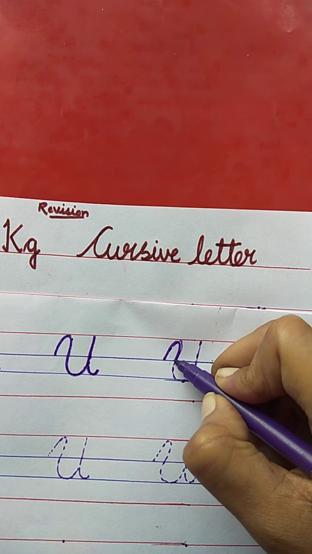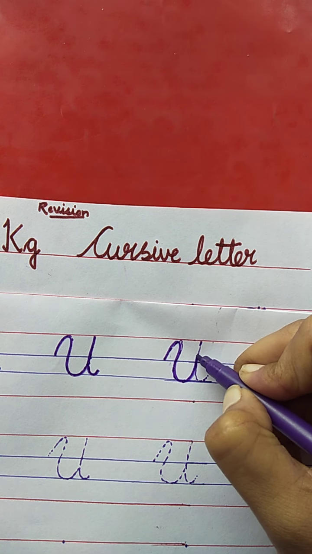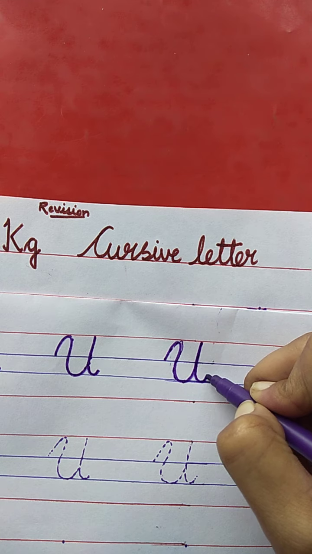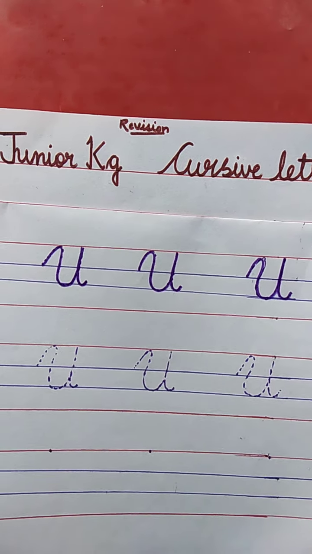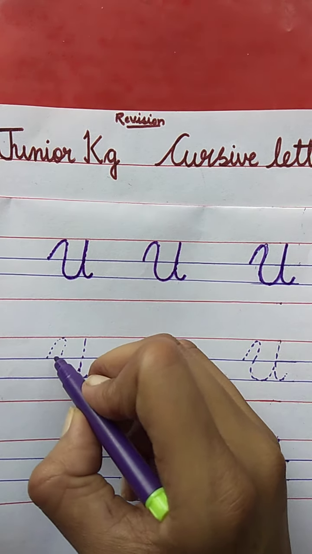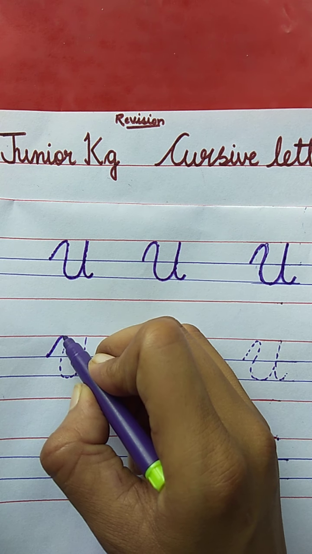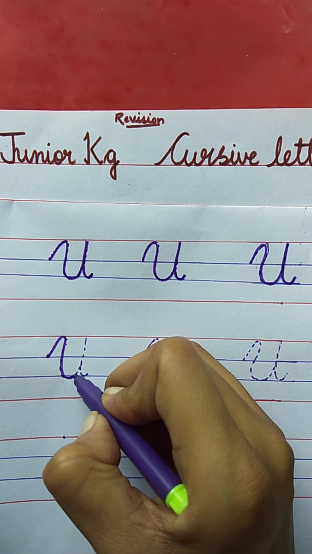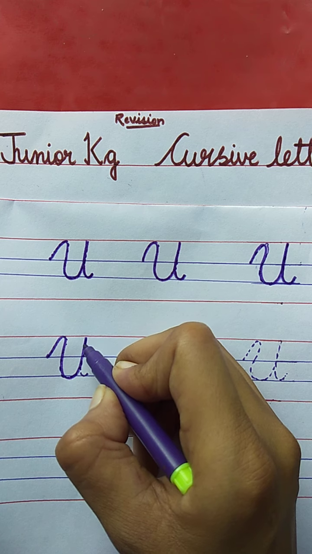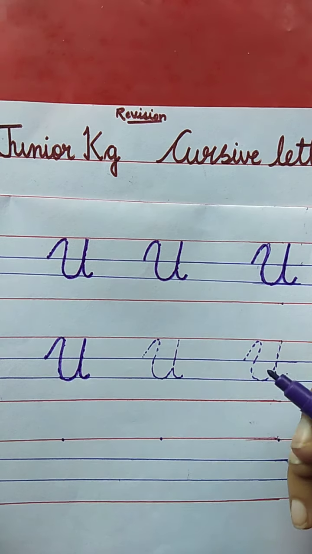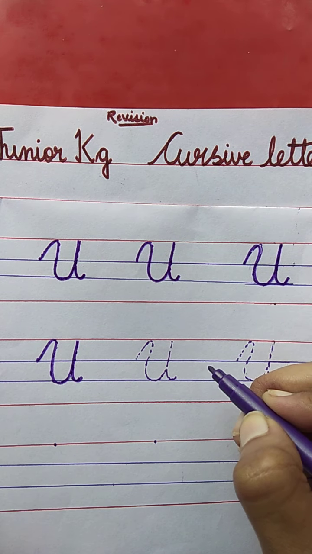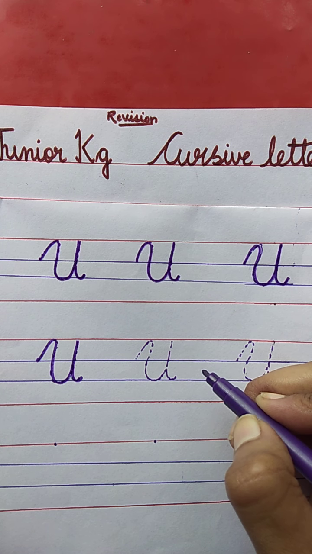Again curve, one more curve, standing line, and a curve. U for umbrella. Again, see here, curve, again curve, small semicircle, standing line, and a curve. U for umbrella. The spelling of umbrella, speak with me.